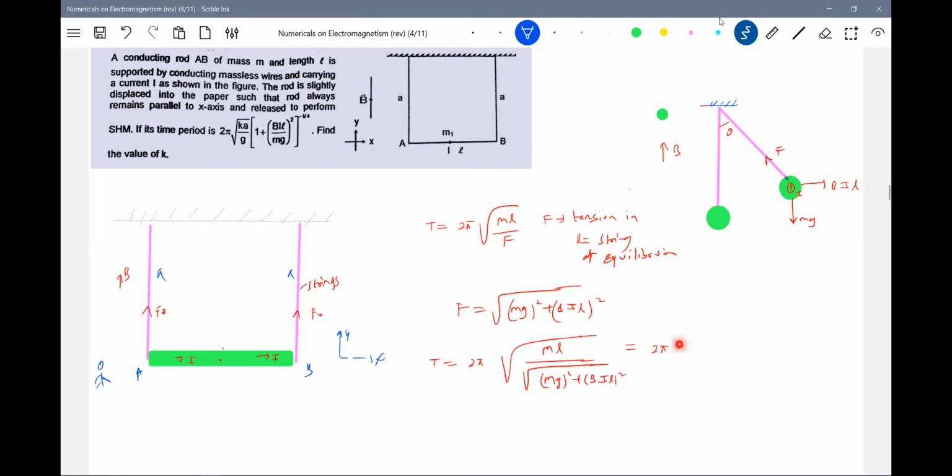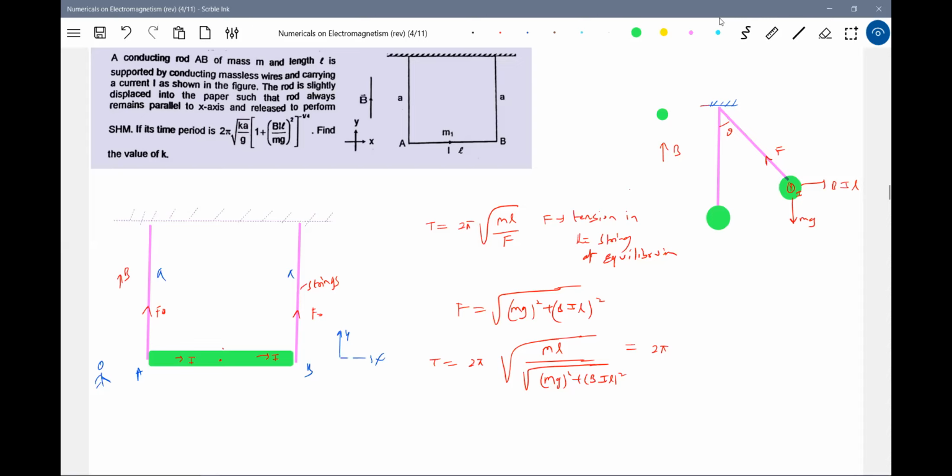Maybe it will come 1/2, and this is 1/2. So how to bring that? What all other things are there? K is there. What is K? Find the value of K. BIL and mg we brought it. The A is what has to be brought, no?